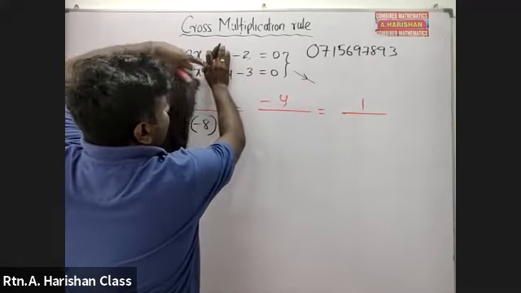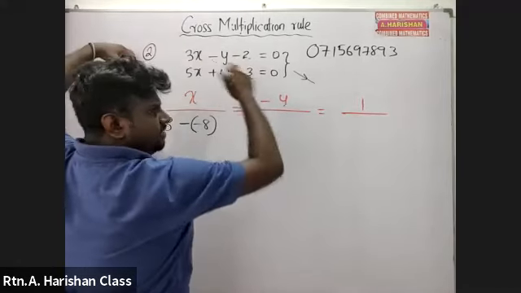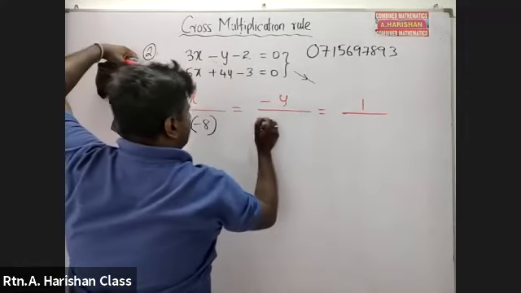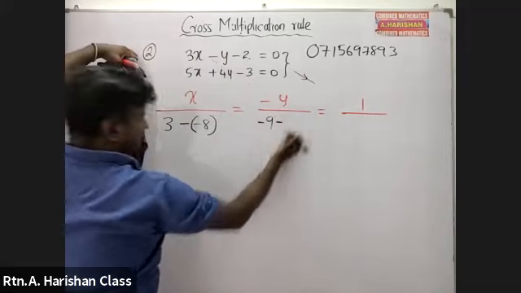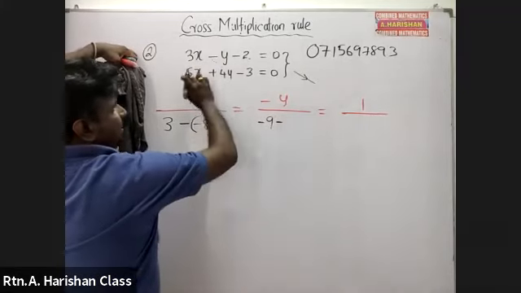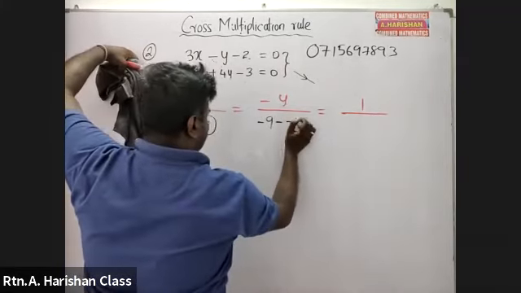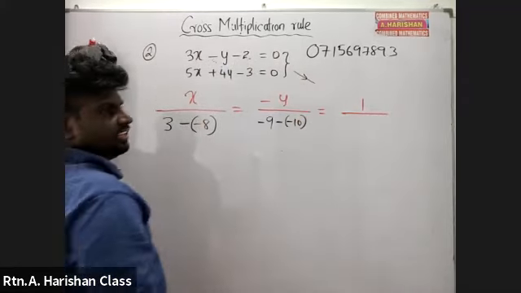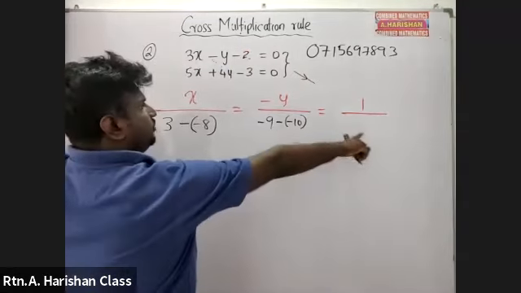You have to multiply 3 into minus 3 in this direction. Whenever you start to multiply, you have to multiply in this direction. 3 into minus 3 is minus 9, minus 5 into minus 2, minus 10. It's clear? Right. Then we come back to this one.